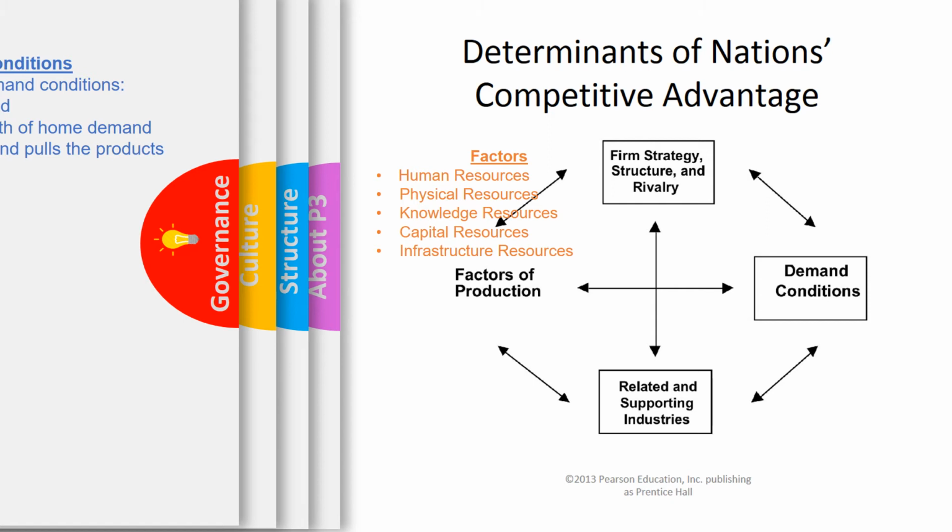Porter argues that basic factor conditions do not generate competitive advantage, because they can be obtained by anyone if they just apply money to the problem. Only advanced factor conditions can generate real, true competitive advantage.